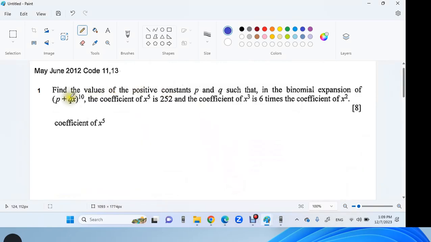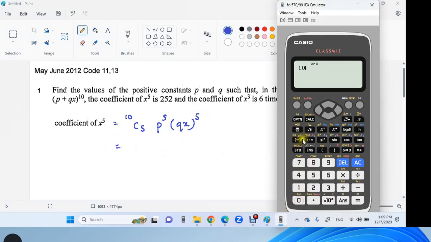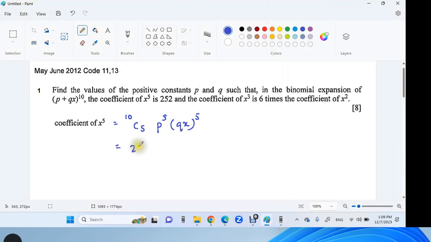So we want q to the power of 5, then it is 10C5, p to the power of 5 and qx to the power of 5. 10C5 is 252, and then p to the power 5, q to the power 5, x to the power 5.